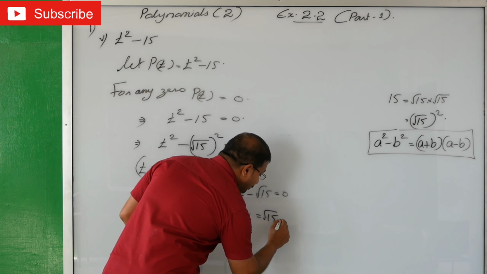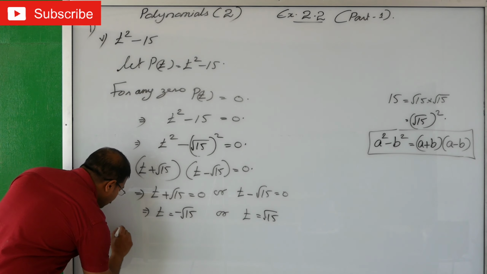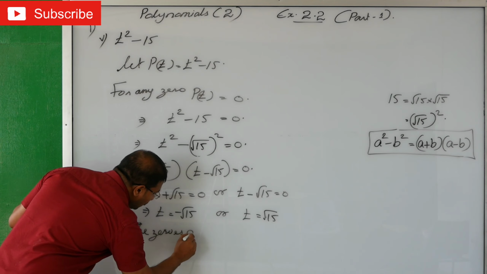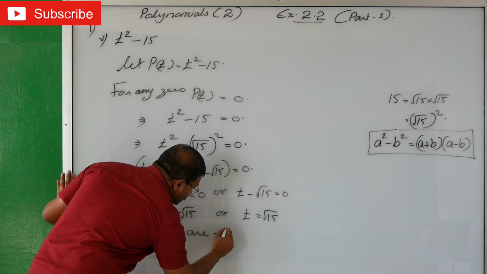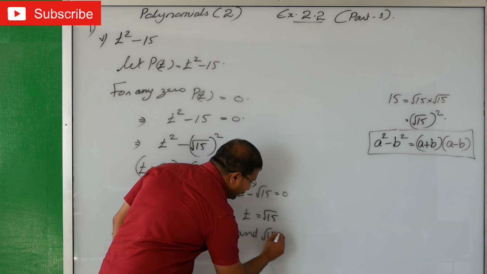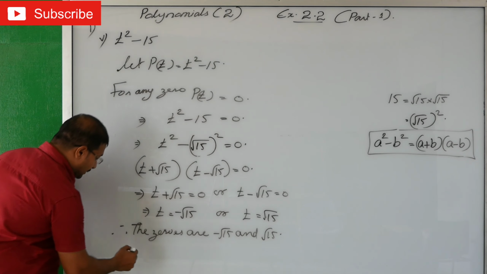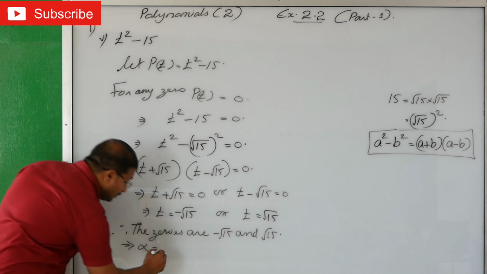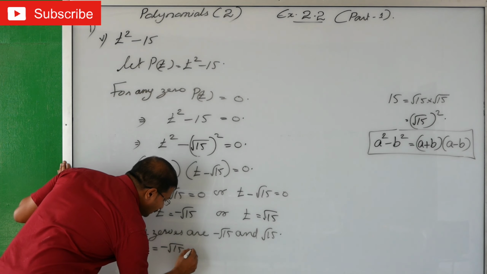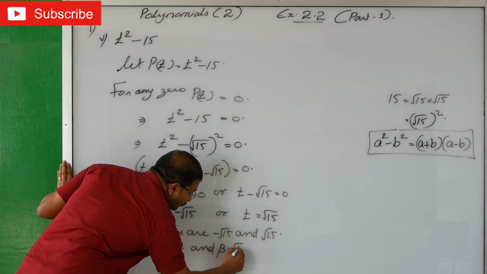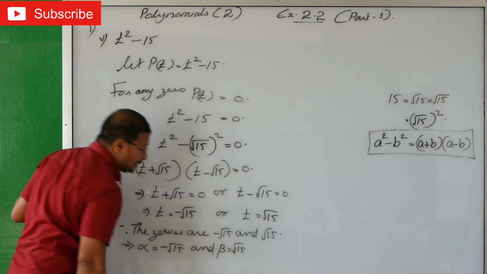That means no need to write plus. Therefore, the zeros are minus root 15 and plus root 15. That implies the value of alpha, the first root, is minus root 15, and the second root we can write, beta, as root 15, because we have to go for verification.